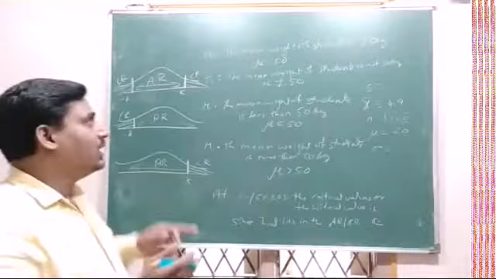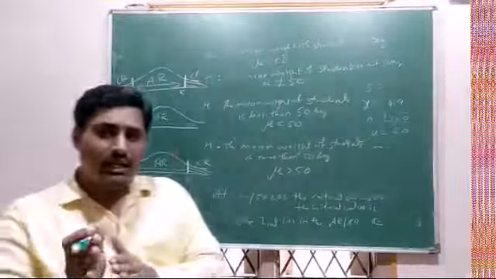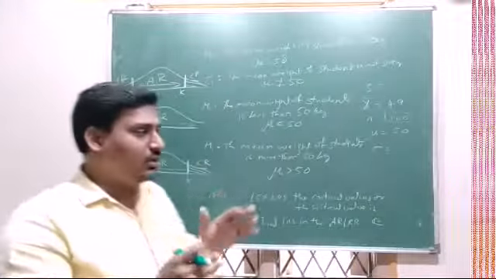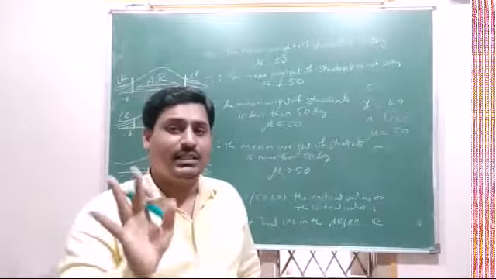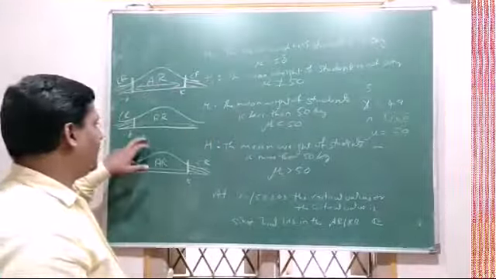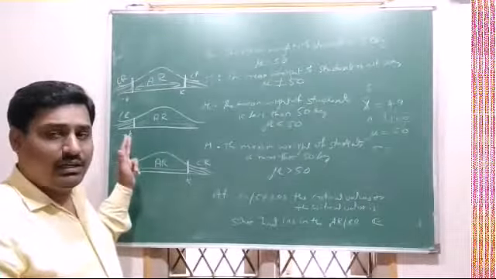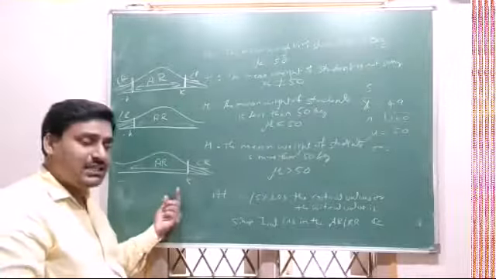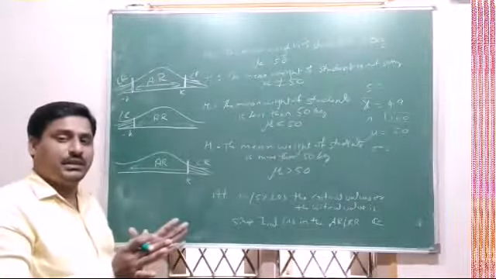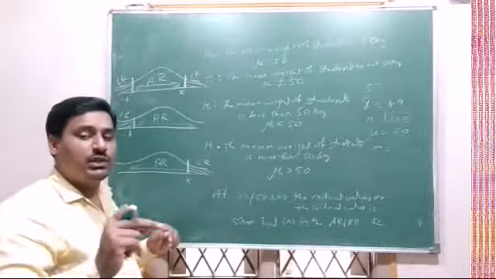If it is two tail, if it lies in between these 2 points, more than the negative critical value and less than the positive critical value, it is accepted. And here, if it is greater than the negative k value, that is negative critical value, then it is accepted. And here, if it is less than the positive critical value, it is accepted. So write that H0 is accepted or H0 is rejected.